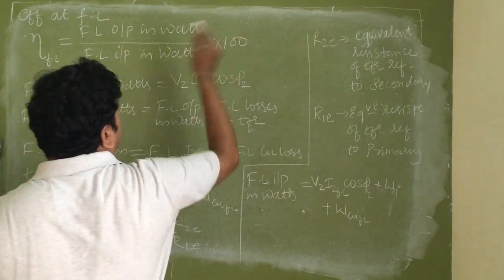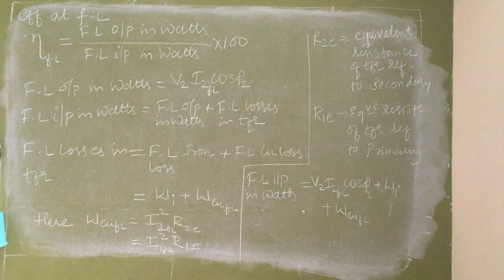Efficiency at full load is full load output in watts by full load input in watts into 100.